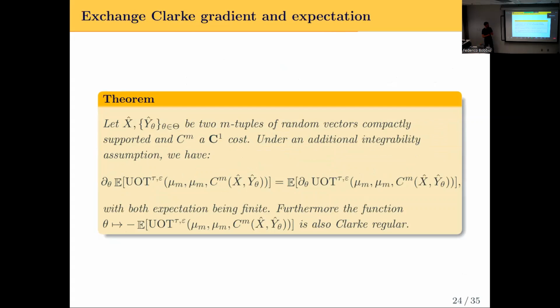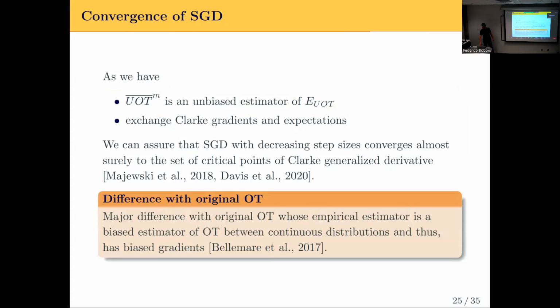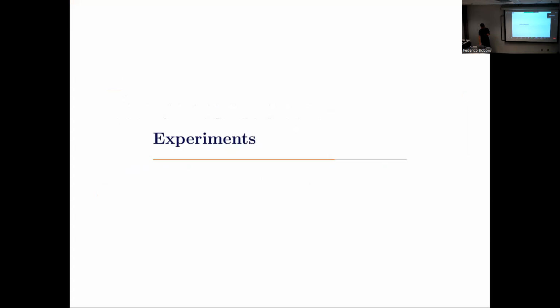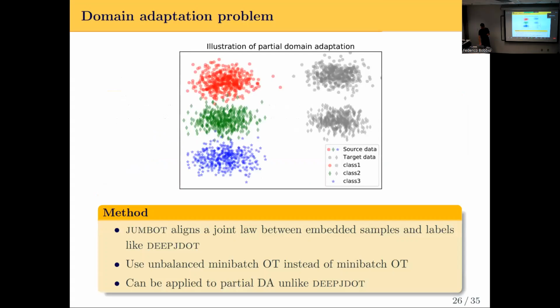And under some extra hypothesis on the ground cost, I can indeed exchange the gradients over parameters and the expectation over minibatches. And so stochastic gradient descent would converge. And this is not the case for minibatch original optimal transport, because of a bias in the estimator. So I quickly finish on experiments.